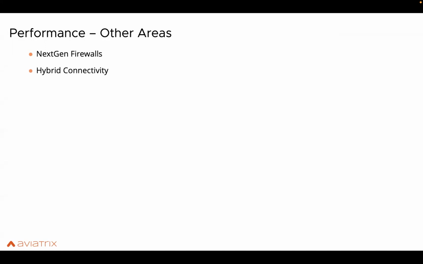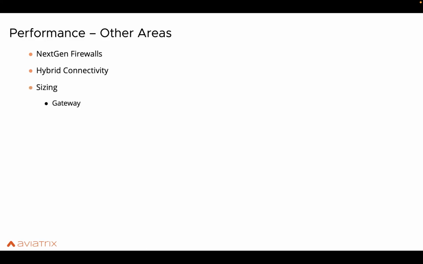BGP is great because it's going to provide you a dynamic nature of exchanging the routes. But where am I going to build this BGP adjacency? Which portion of the Aviatrix architecture is it going to be, the transit gateways, or am I going to build this with the spoke gateways? The architecture is going to change a little bit. What makes more sense? What is going to provide you more scalability? These are the things which you have to consider when you are building a design.